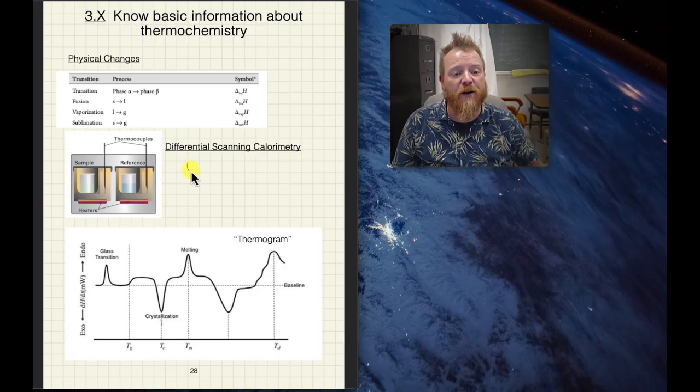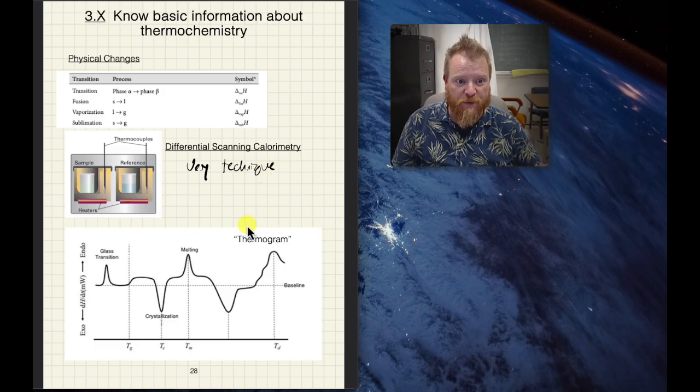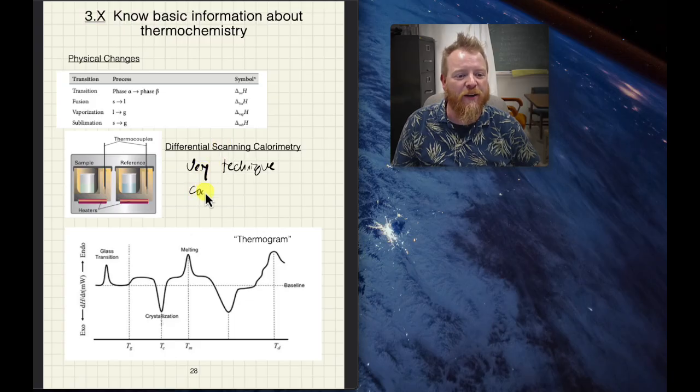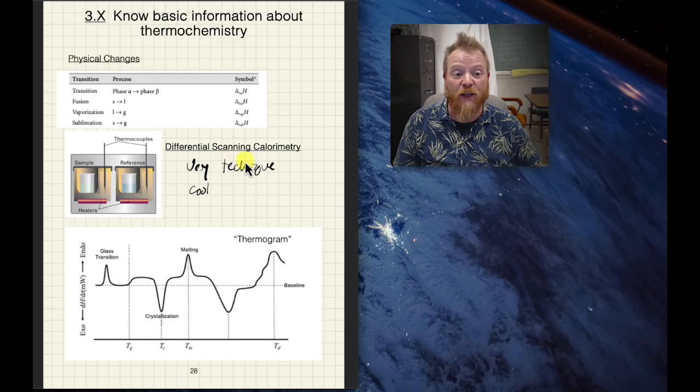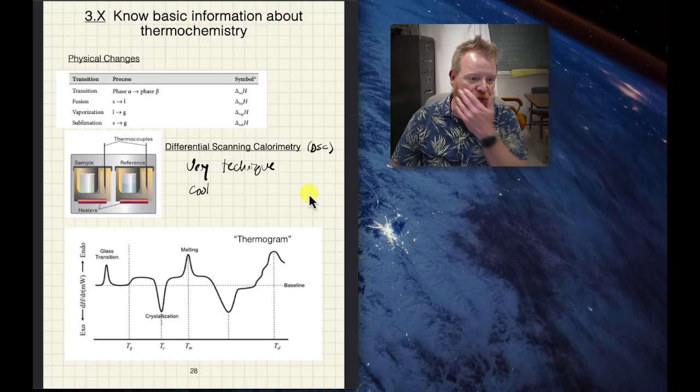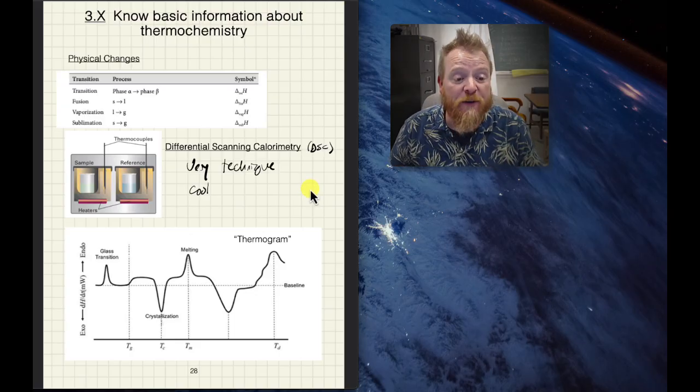So this is a very cool technique that is used to measure the thermodynamics of phase transitions. It's called differential scanning calorimetry, or DSC as it's known in the industry.